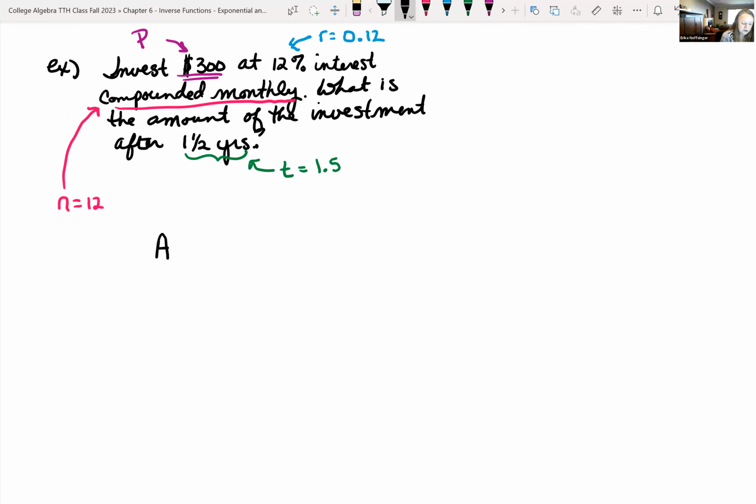So using our formula, our amount is equal to our principal, 300, all times the quantity 1 plus our interest rate, 0.12, divided by the number of times compounded, 12, all raised to the n, 12, times how long we've invested it, which is 1.5.